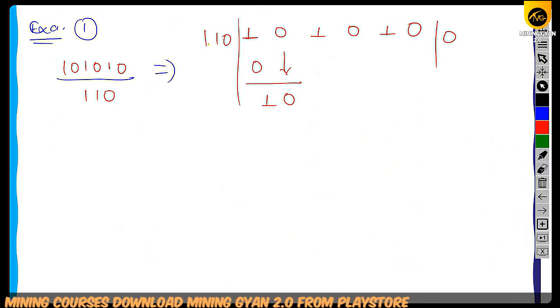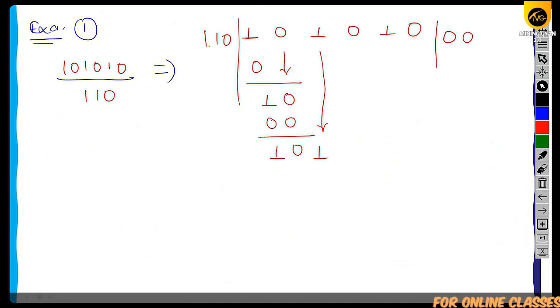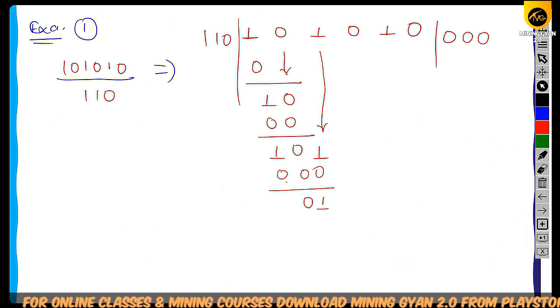Now again 10 is less than 110, so it's 0 times. So 0 0, 0 minus 0, and 1 minus 0, it will become 1. Now the next number is the 1, so it's 101. Now 101 is again less than 110, so again it goes 0 times. So 0 0 0, and the subtraction is 1 minus 0, it will become 1. 0 minus 0, and 0, 1 minus 0 is the 1.